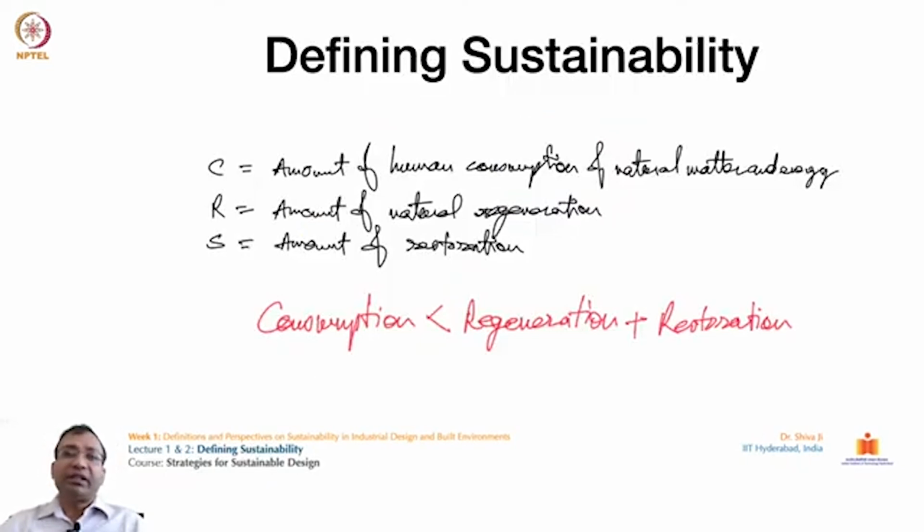If we see it in terms of a formula, consumption should be lesser than the capacity of this planet to regenerate and restore resources. Obviously, it's a simple formula of demand and supply. Demand is huge and supply is little, so we are going to run out of resources, and there is no factory or other facility available to regenerate those resources artificially.